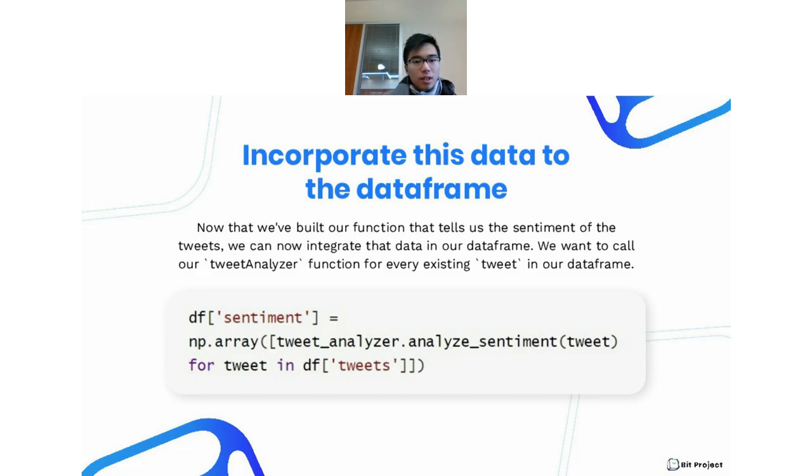Once this is done, if you run your program now, you should see an extra column with a bunch of 1s, 0s, and -1s. Other than that, I'm going to be adding the poll again.